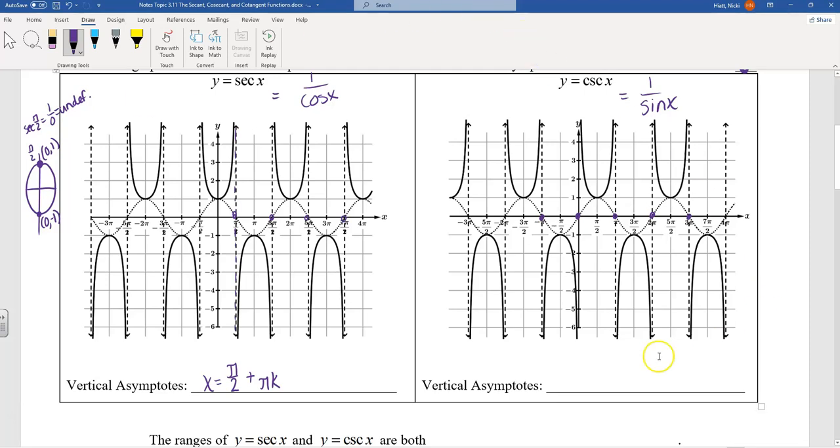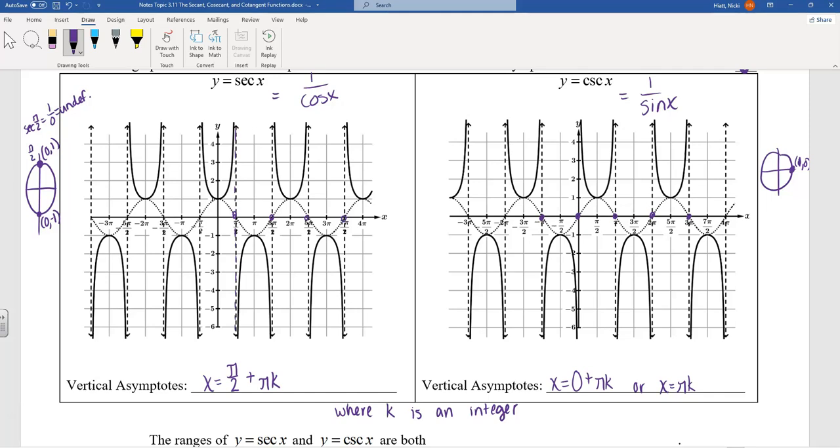And for sine, the first time that sine equals 0 is right here at (1, 0), right? At 0. So we could say x equals 0 plus pi k. But do we really need to put the 0 there? Not really. So we could say just pi k. And for both of these, k is an integer.